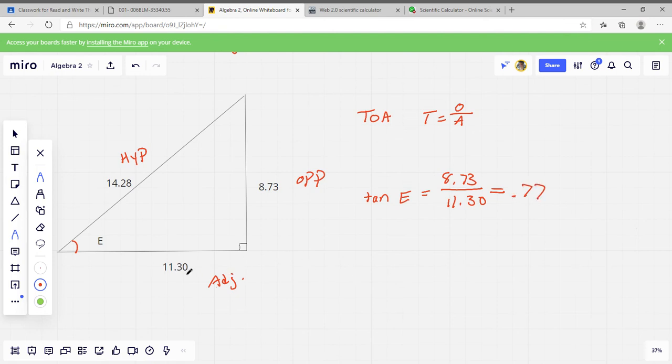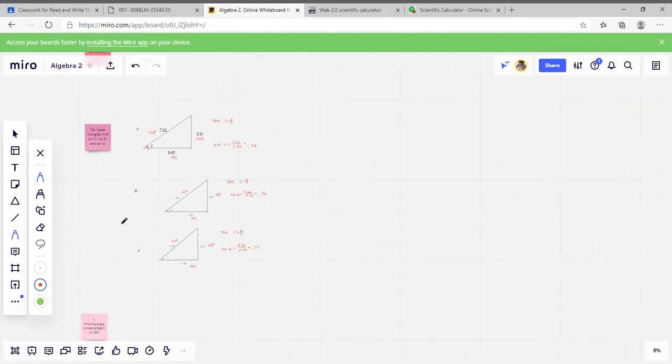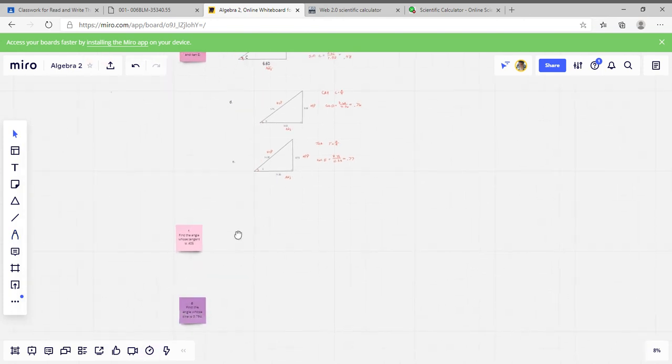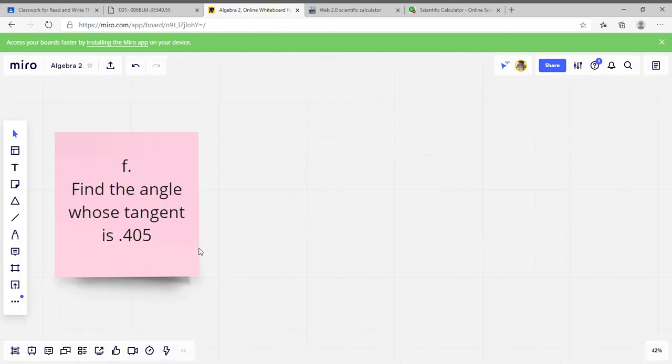Okay, and we just have a couple more examples. This next section here. Find the angle whose tangent is 0.405. So the tangent is 0.405. That means we need the inverse tangent of 0.405.